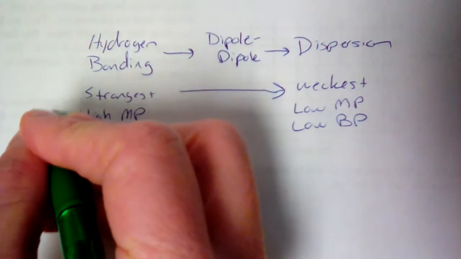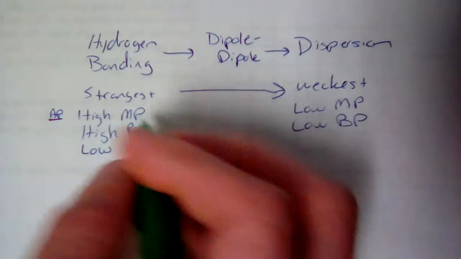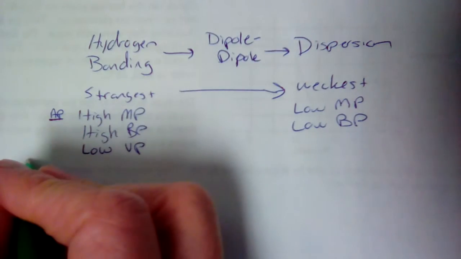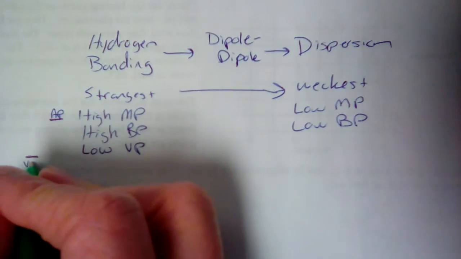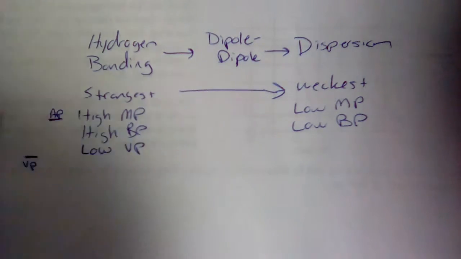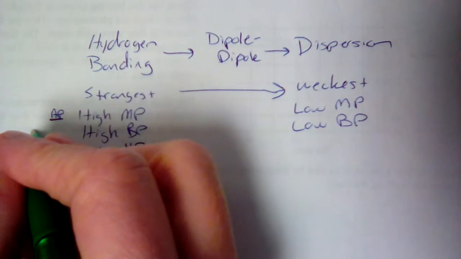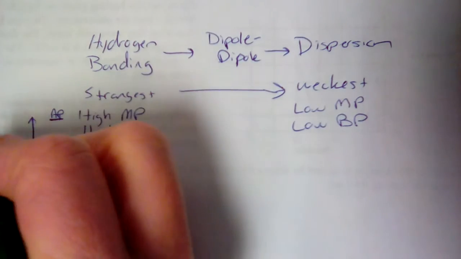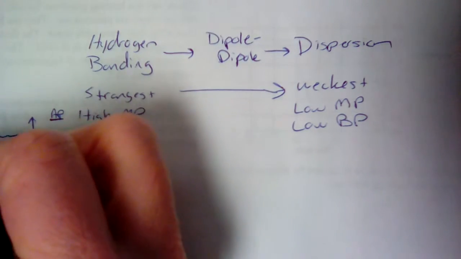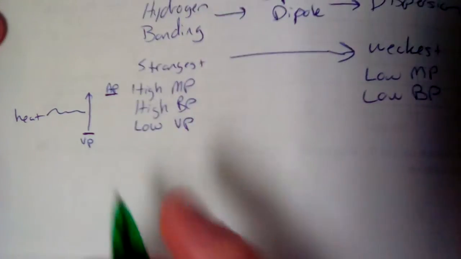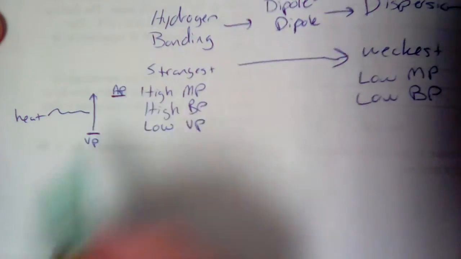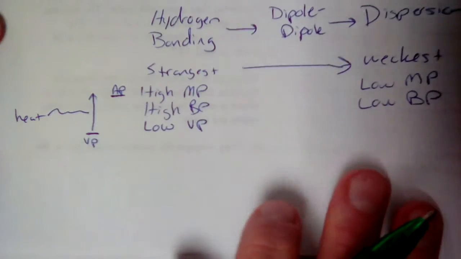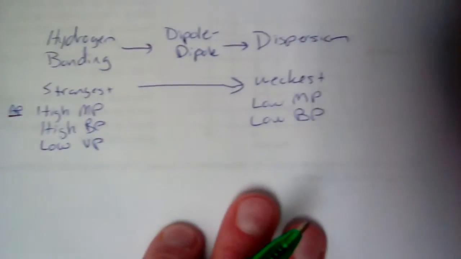So this is atmospheric pressure. Substances with hydrogen bonding have a low vapor pressure, so the vapor pressure is way down here. We have to push this all the way up here to get the substance to boil, and that takes a lot of heat. It takes a lot of heat to push that vapor pressure up to where it's the same as the atmospheric pressure, and the substance can start to boil.